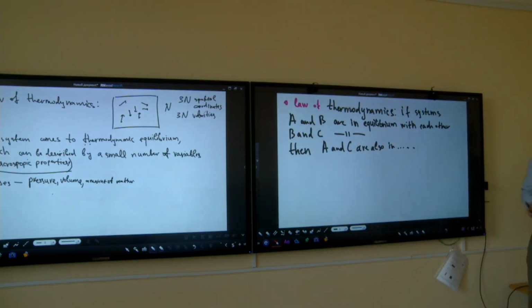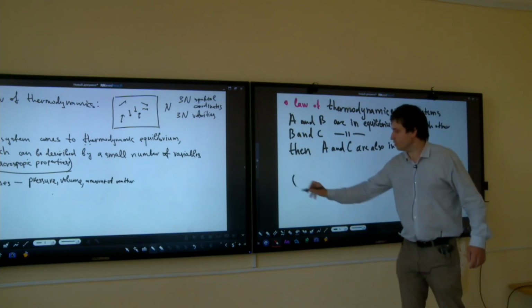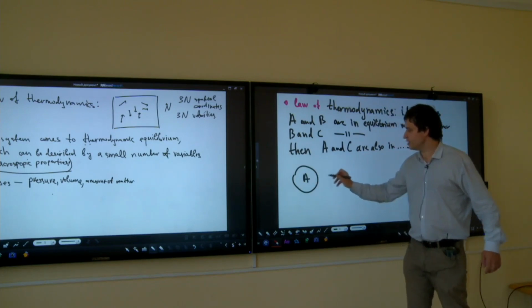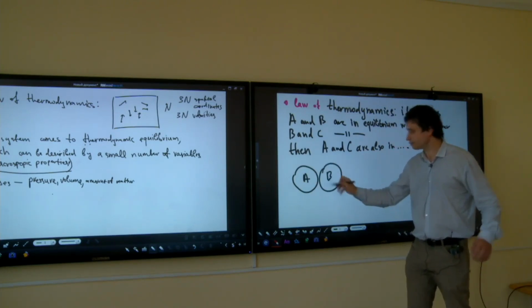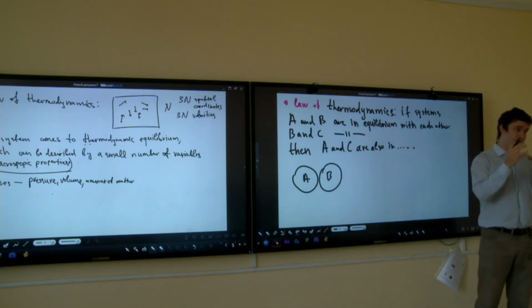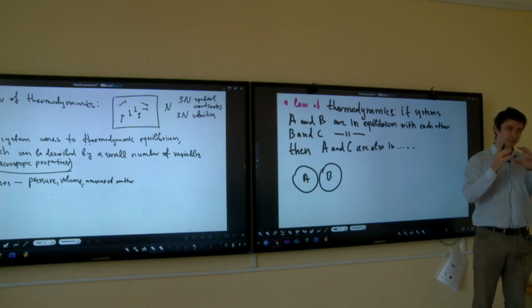At first glance, there is no relationship to any temperature at all, but believe me, this is the statement which actually introduces the temperature. Now I'm going to explain what's actually meant here by in equilibrium with each other. If I have two systems, I can bring them into contact with each other.